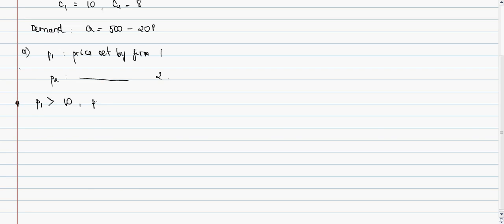Now firm 2 will have an incentive to undercut the price, because the marginal cost of firm 2 is 8, so firm 2 can still set a price lower than 10 to capture the whole market and get some profit.